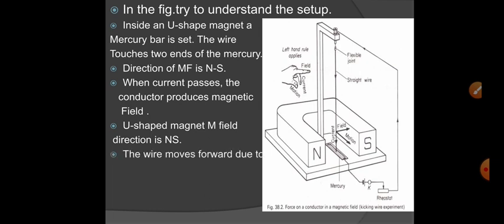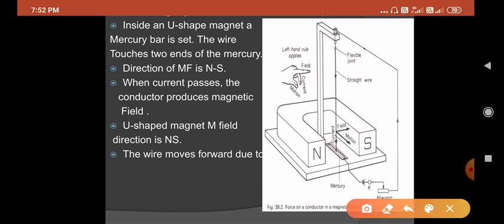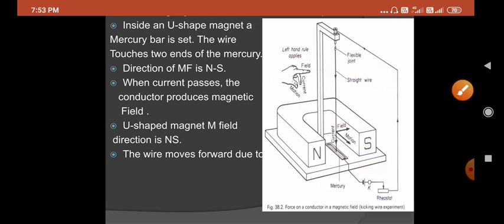Now you see exactly what is happening. The magnetic field produced by this U-shaped magnet is in these directions. The direction of the current is in these directions, and the magnetic field produced due to this conductor will apply a force on the wire, and that applied force will be in the forward direction, due to which the wire will be pushed forward.